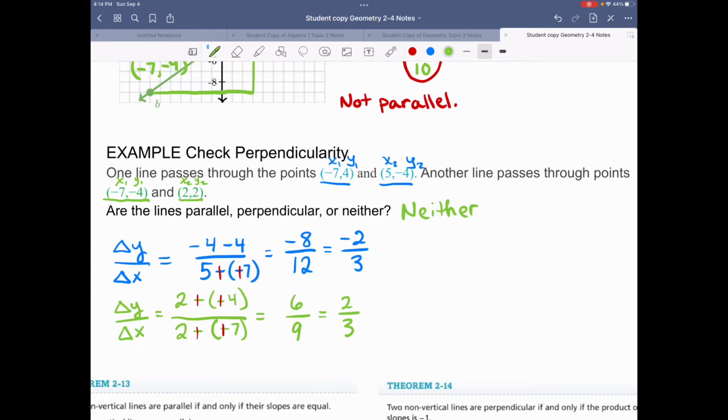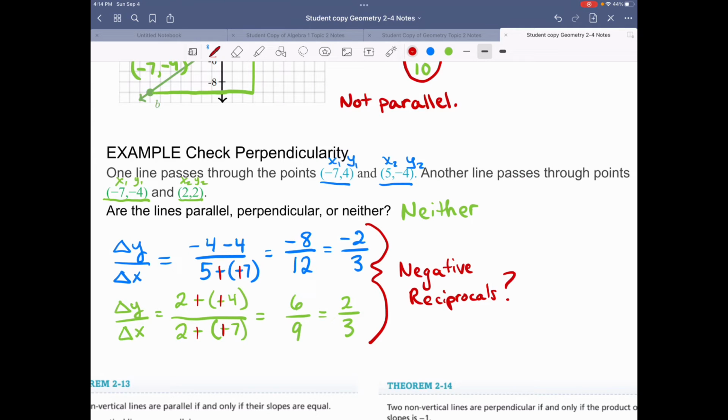2/3. Ooh, tricky. So are these negative reciprocals? It's a good thing we graph these because we can see, yeah, 2/3 and 2/3 and one of them's negative. That looks kind of cool, right?